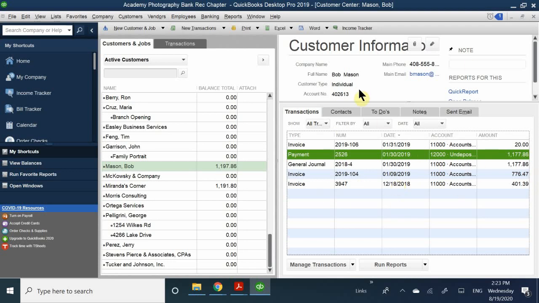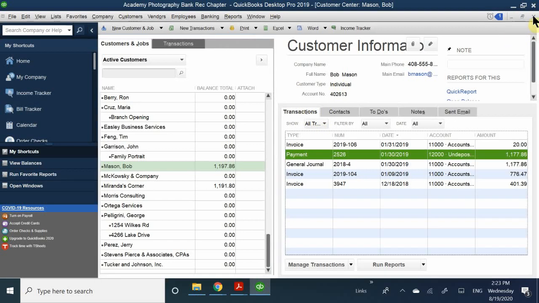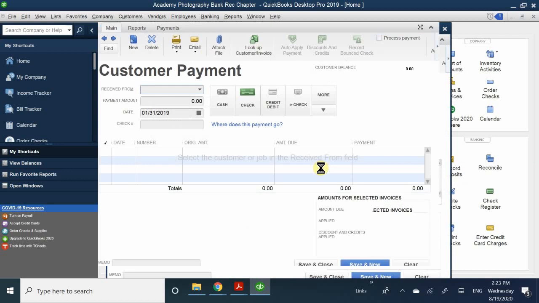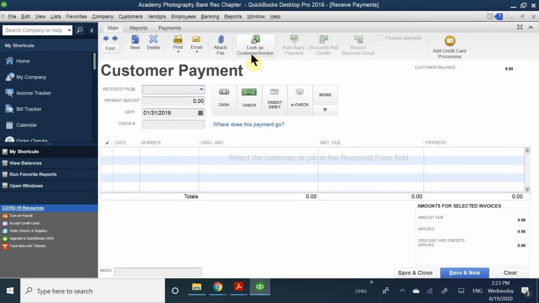Now we're going to say this customer decides to pay us again. He says, "Oh, I'm sorry, guys, I didn't mean to send you a bad check. I'm going to send you a new check including the new amount that you charged me for."